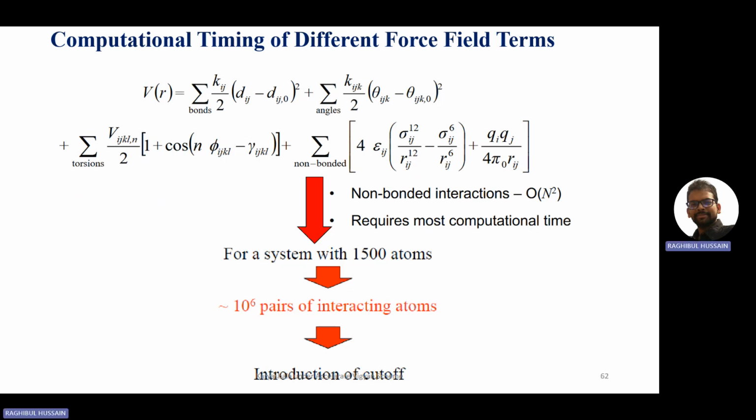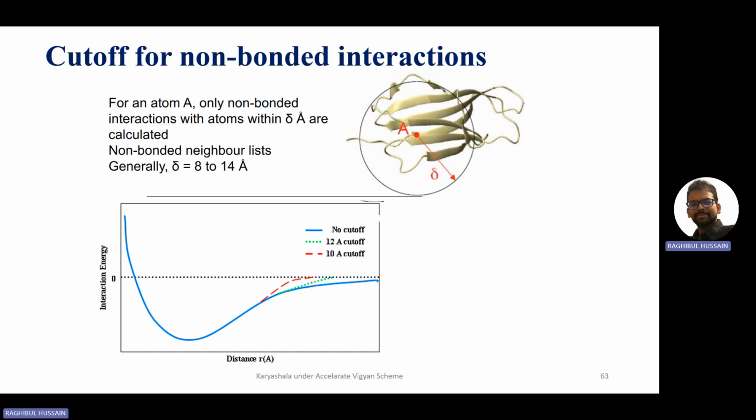Several algorithms are there to compute the non-bonded interactions. The first one is using a cutoff. Let's say this is my very crude way to describe the LJ potential, where the attractive part theoretically goes to infinite distance and will not be zero.